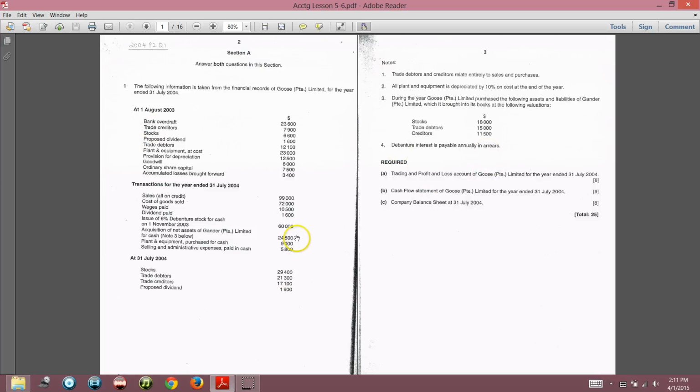21,500. But the company paid 24,500 to the previous business owner to buy over this company, which has this asset, bring this company into this business. So the net asset of this business is 21,500, but Goose Limited paid 24,500 to the previous business owner of Gander Private Limited.